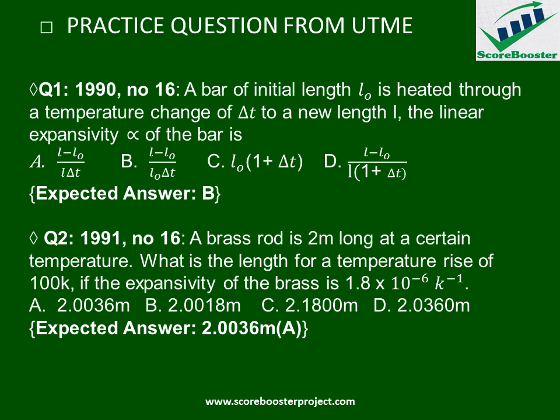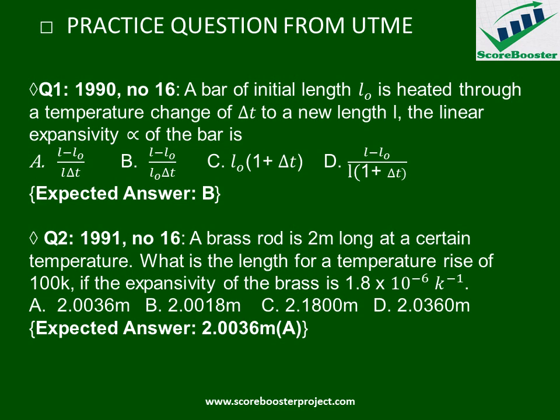Then the second question for your practice comes from 1991, number 16, and the question goes thus. A brass rod is 2 meters long at a certain temperature. What is the length at a temperature rise of 100 Kelvin if the expansivity of the brass is 1.0 times 10 to the power minus 6 per Kelvin?